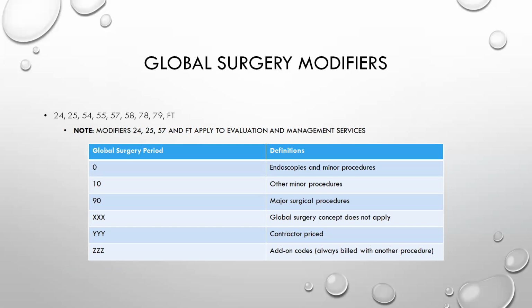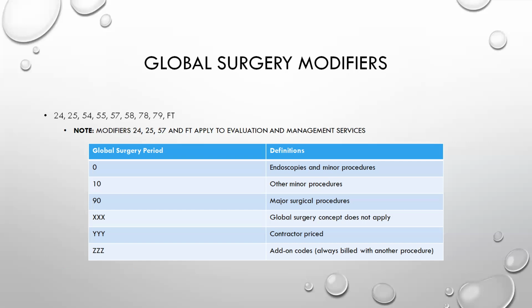This also involves your staged modifier, 58. 78 is return to the OR that's related to a surgery, and 79 is unrelated to a surgery. We'll be going through all of these in and of themselves throughout the presentation.